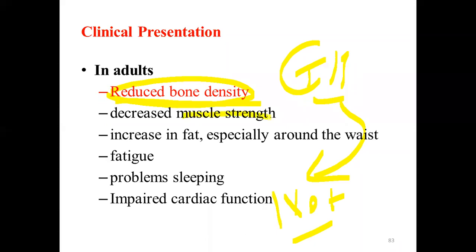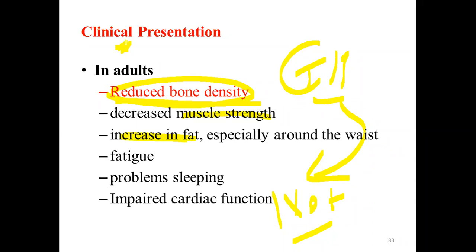Decreased muscle strength is related to the effect on protein metabolism. Then, as we mentioned, even the fat is usually high. Remember the effect of growth hormone on fat metabolism is usually degradation or breakdown of fat.